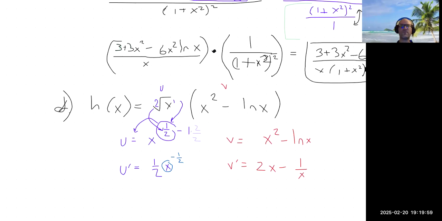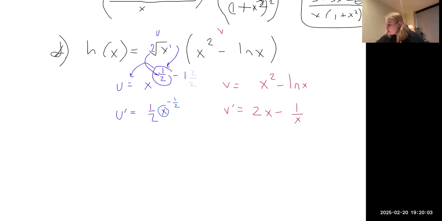Okay. So now the product rule requires us to do what? U prime times V, and then V prime times U. So U prime is 1/2.